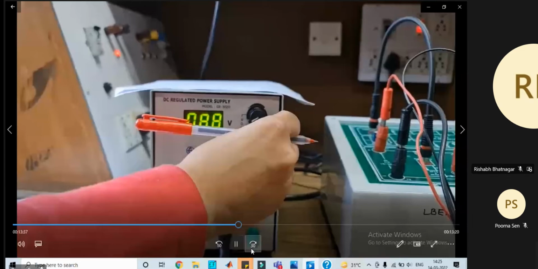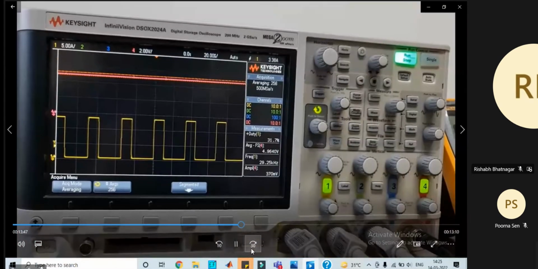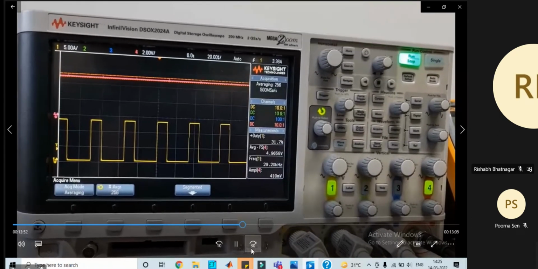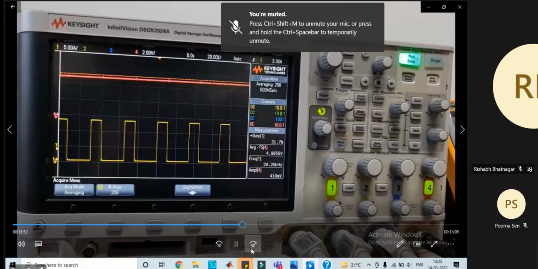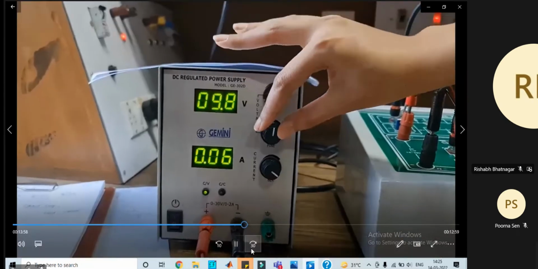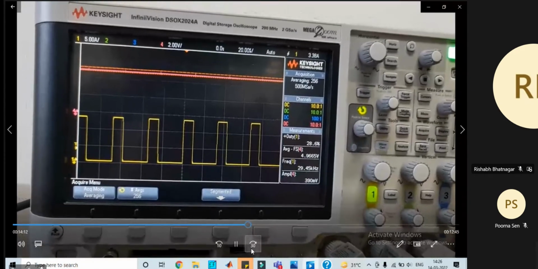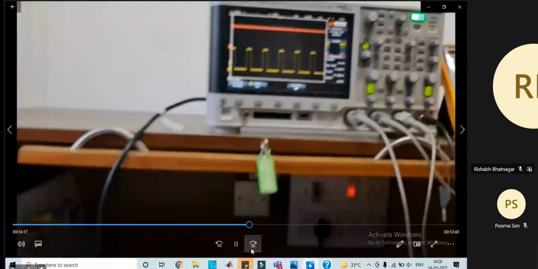Duty ratio 31.7%. Output voltage 4.965. Input voltage 10 volts. Duty ratio 28.6%. Output voltage 4.966.